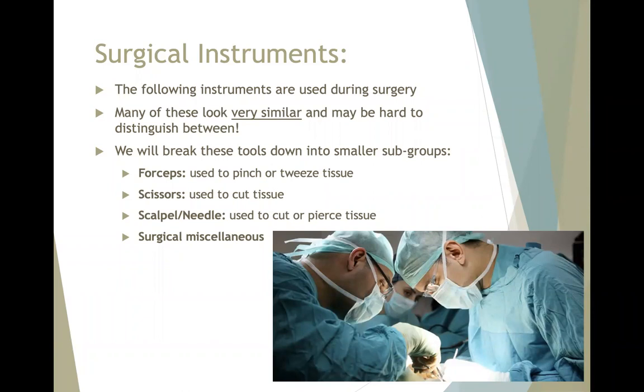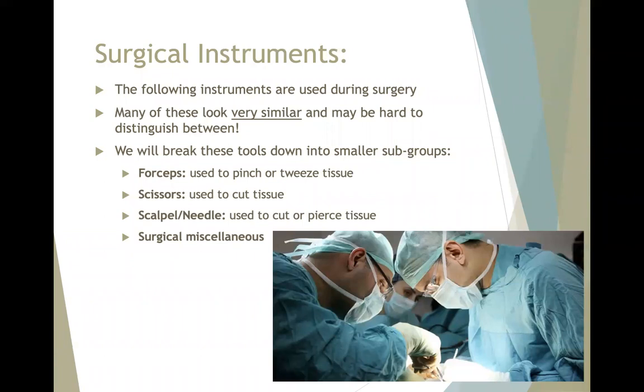Some of it is just the difference in the length of the handle or in the serrations down the jaw of the tool. So I'll get into these subgroups. And within these subgroups, I'll go over specific instruments and why they're different. Now, I highly recommend that you use your little surgical instrument flip book. It'll definitely help you in memorizing these instruments.